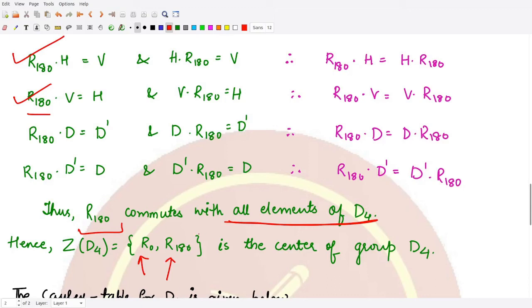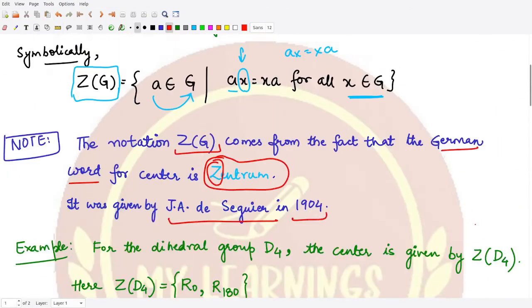And moreover, you see the identity element would come in the center of every group. So that means the center of every group is always non-empty, because we would always have the identity element. There could be more elements as well, but the identity would surely be there because it commutes with all the elements of the group. So that is it for this video.